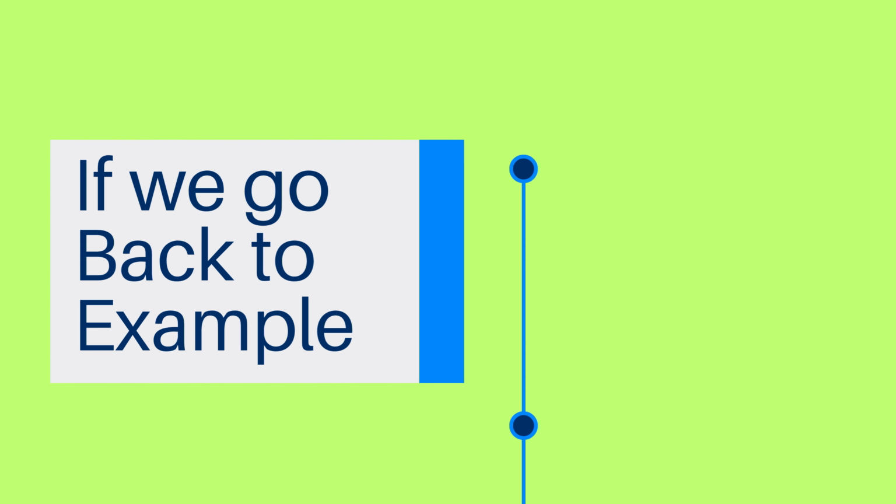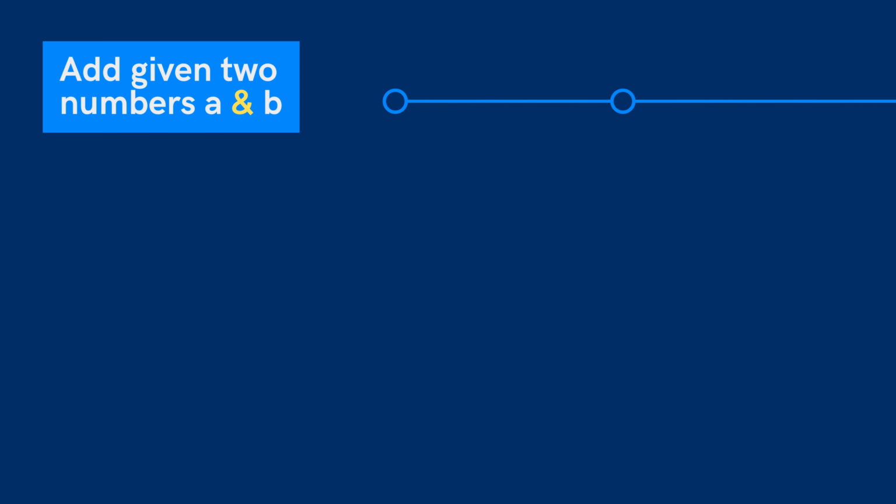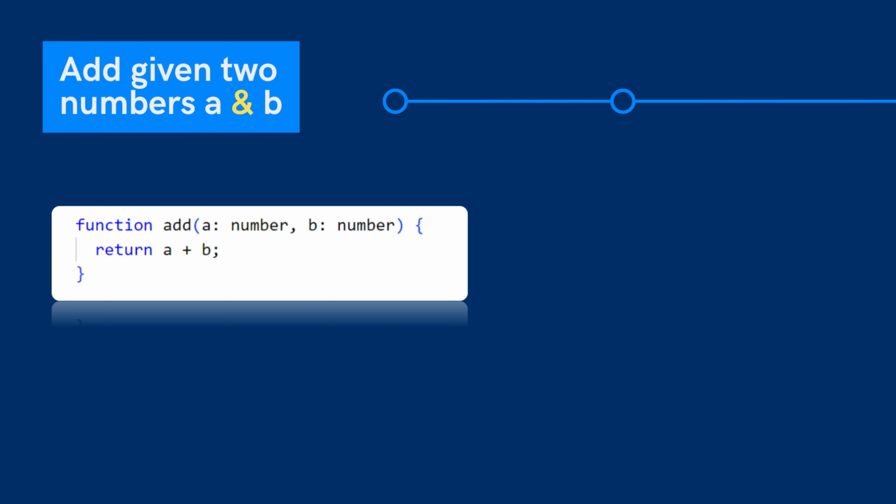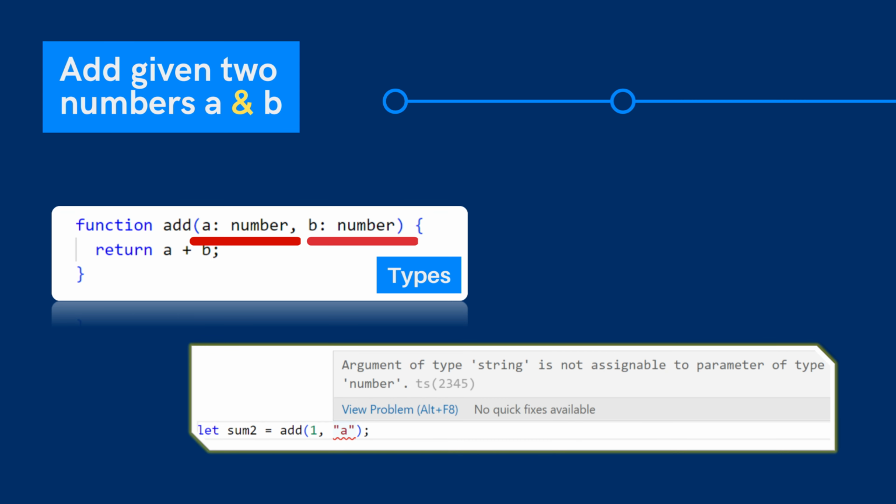If you go back to the example, the function needs to add two numbers a and b. This is how TypeScript will implement this function, where TypeScript will check types for the input parameters, that is, a and b both are numbers. If you try to pass one as a number and the second argument as a string, TypeScript will give an error: argument of type string is not assignable to a number.